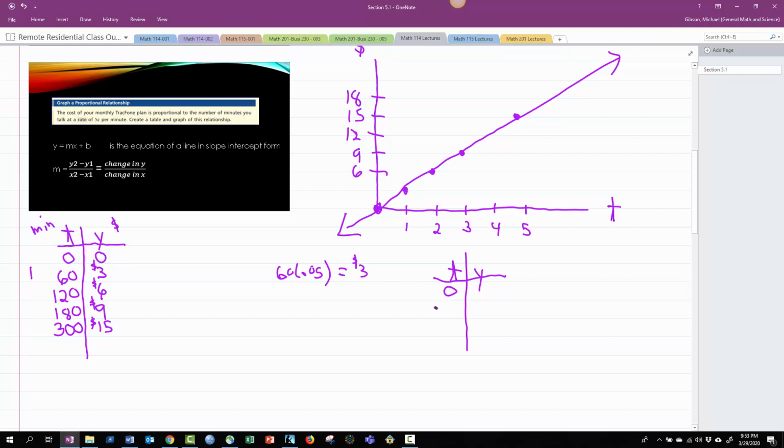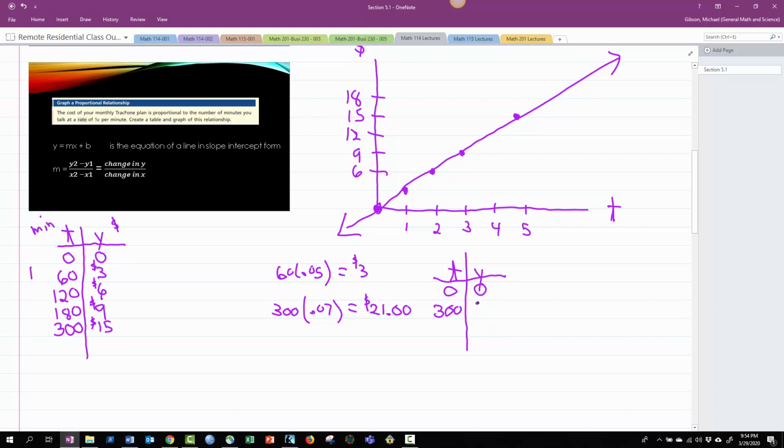Let's just do the ones on the ends here, 0 and 300. So 0 times 7 cents is still 0. 300 times 0.07 is 2,100 cents, but in dollars that's just $21.